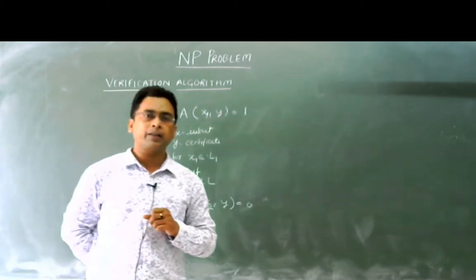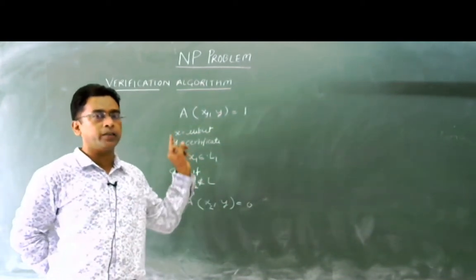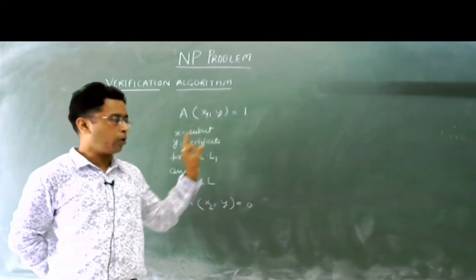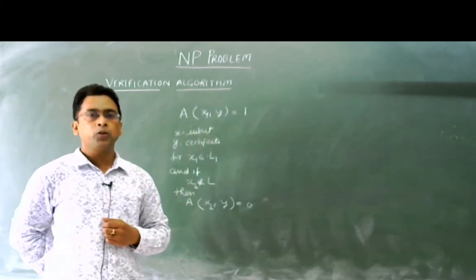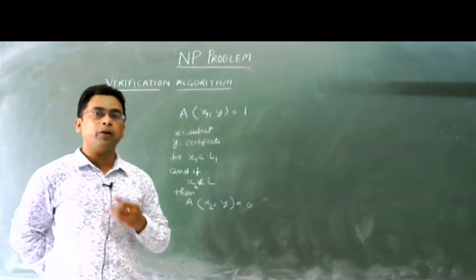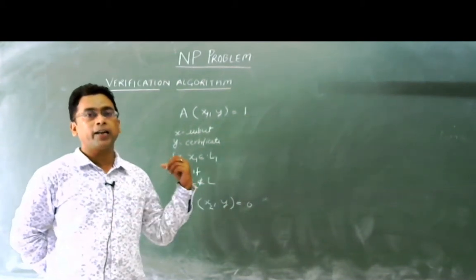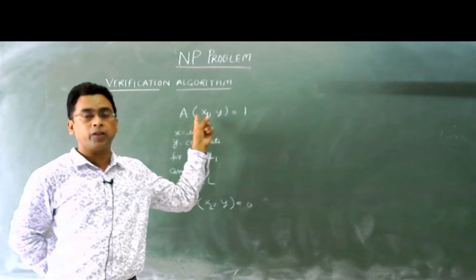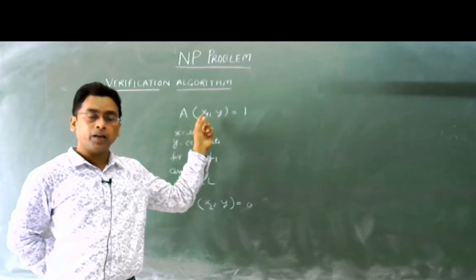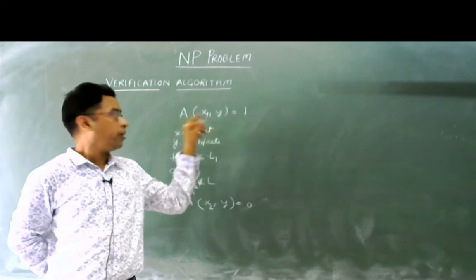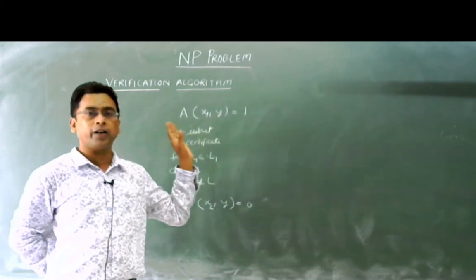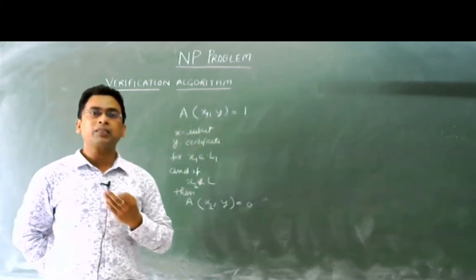For an acceptable input, the certificate will be 1. For a non-acceptable input, the certificate will be 0. So it is verifying that the input belongs to the language as defined by the algorithm A. Then we say that Y is the verification certificate for the language L. What is language L?